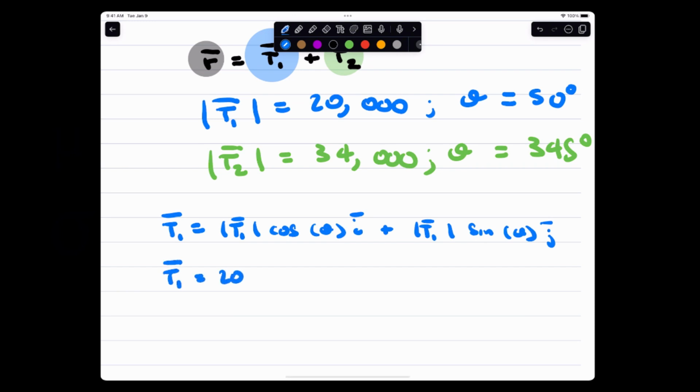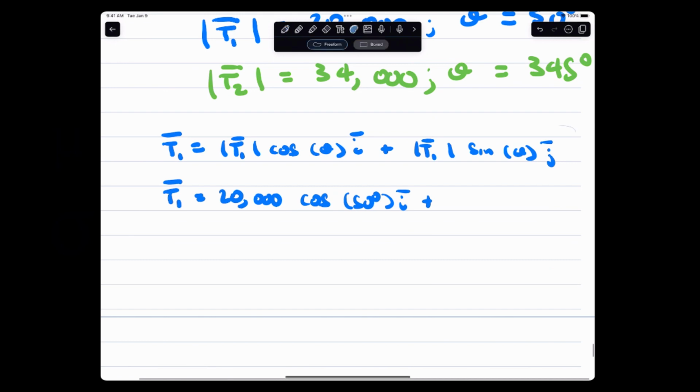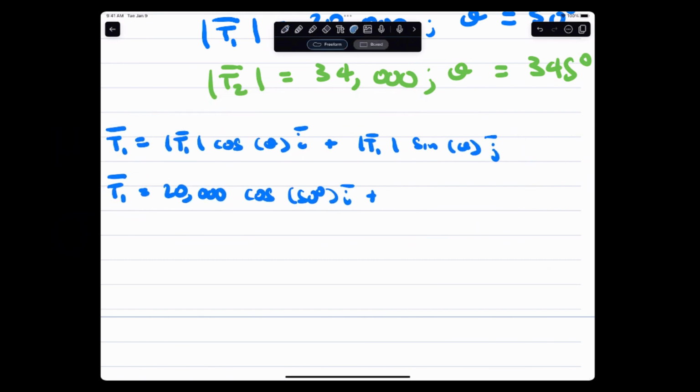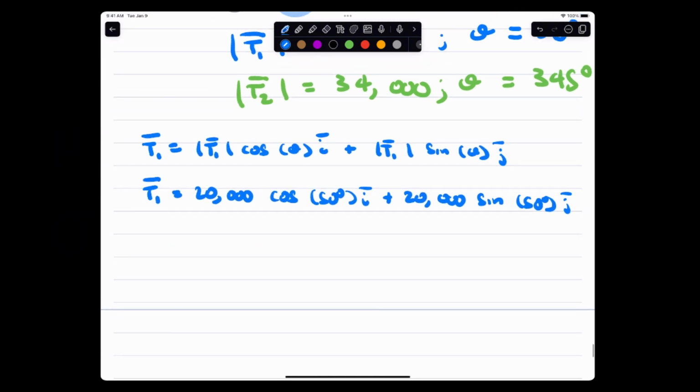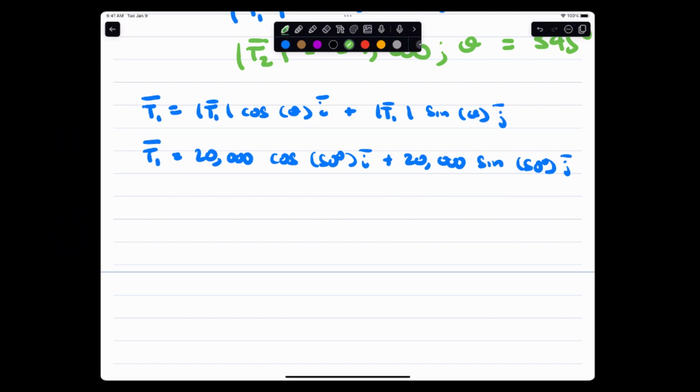So that's 20,000 now. Cosine 50 degrees i plus what? 20,000 sine 50 degrees j. And then T2 is the length of this cosine theta i plus the length of T2 sine theta j.